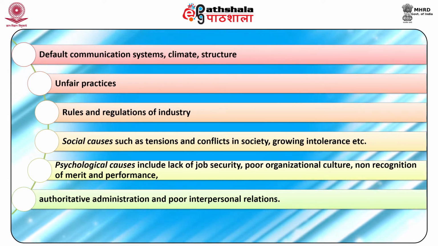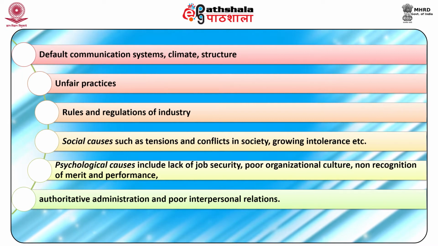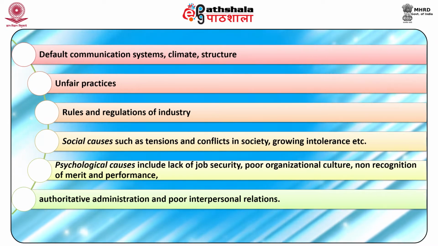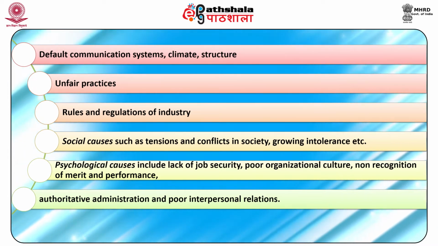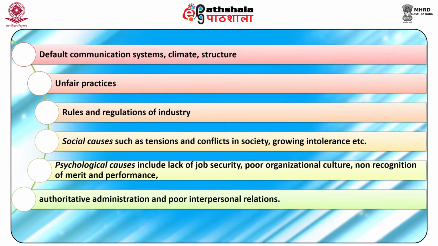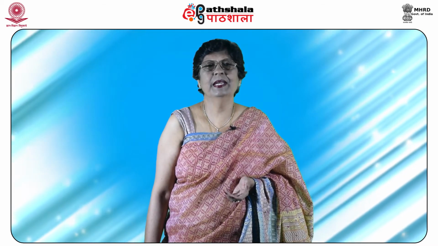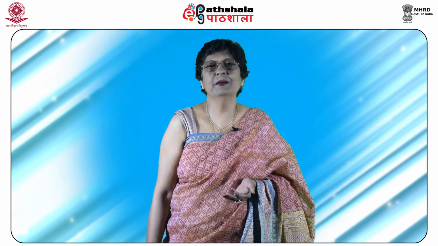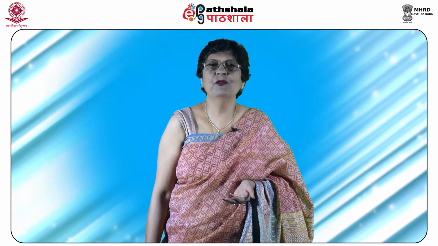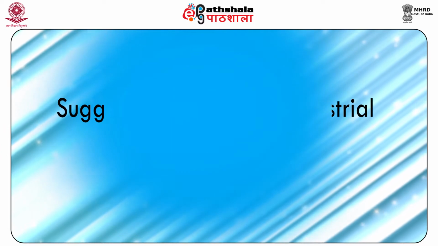The psychological causes include lack of job security, poor organizational culture, non-recognition of merit and performance, authoritative administration, and poor interpersonal relations. We will now understand trade unions and their political impacts. Multiple unions and their interrelations, collective bargaining system, and political parties involved in organizations.